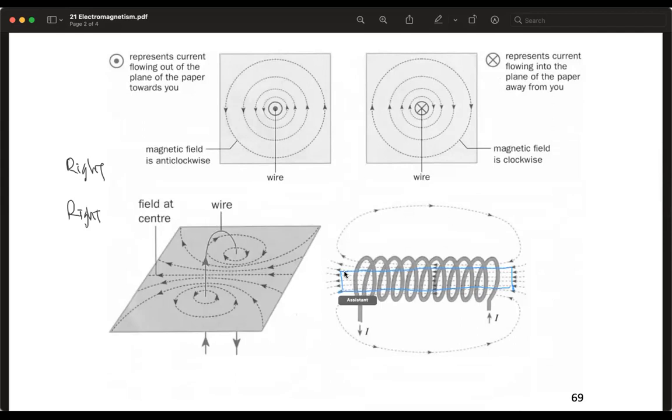Do you remember this? Okay, so if your current is moving this way, moving upwards, your fingers will be pointing from the back to the front. So you use your right hand grip rule, your fingers pointing to the front, then what happened?